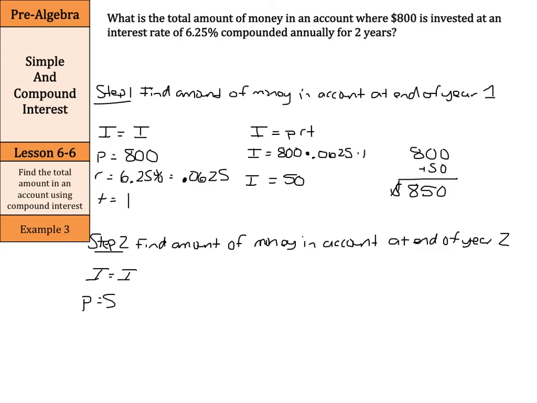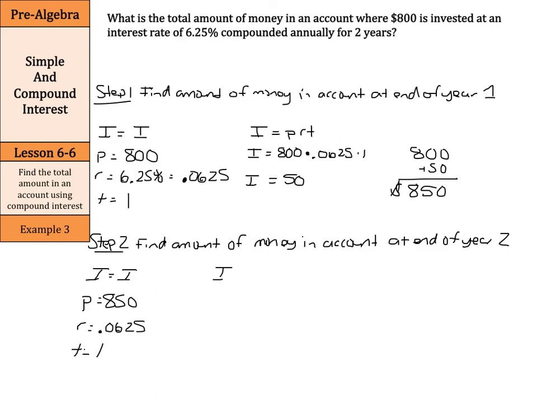It's $850. My interest rate still remains the same at 0.0625. And my time is still just 1 year. I know we're into the second year now, but the amount of time the $850 is going to be at 6 25/100% is just 1 year.